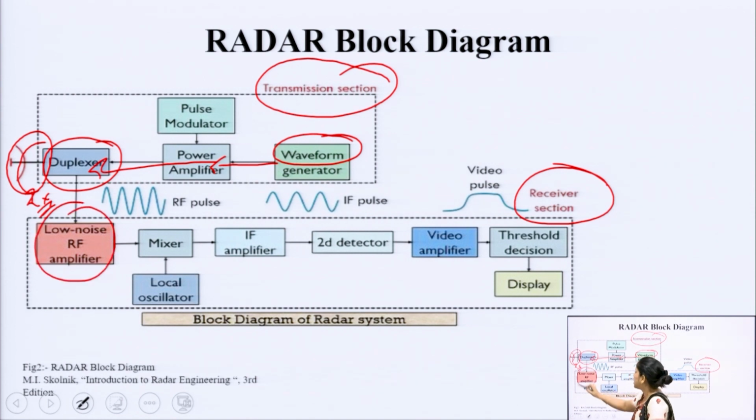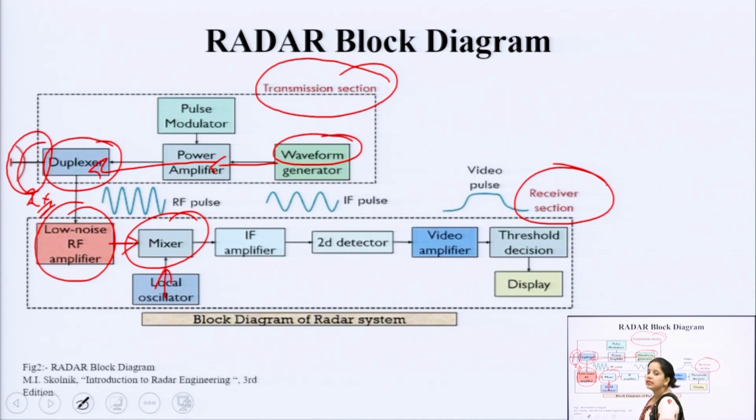First, the low noise RF amplifier, then the mixer. All of you are already aware of the principle of the mixer. This is called a low noise RF amplifier because the signal received after the reflection is of low power.